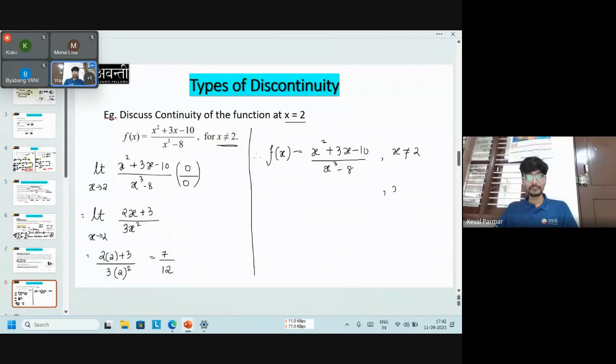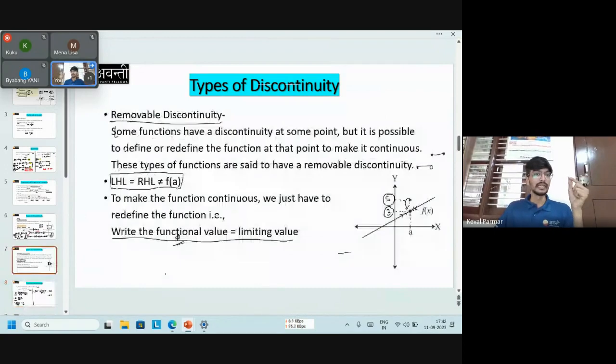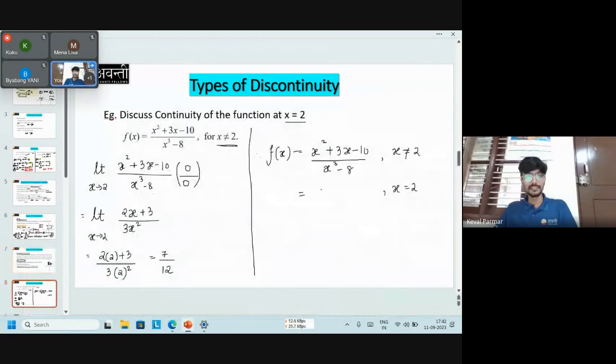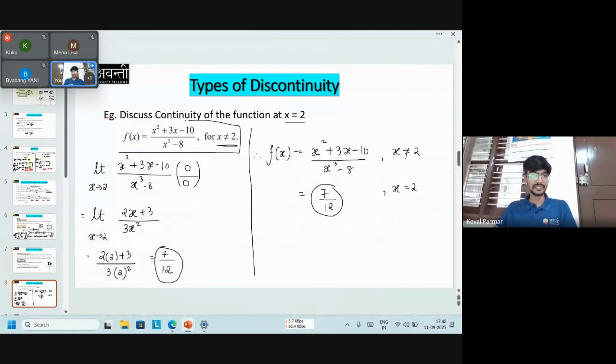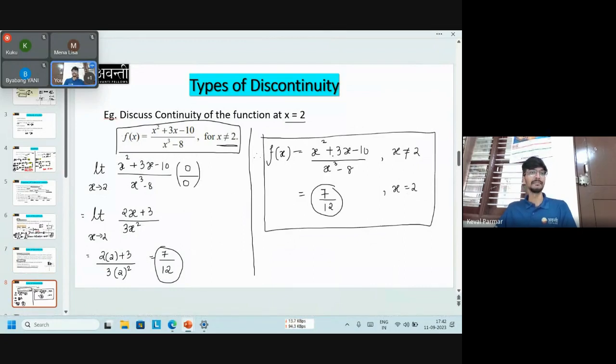And for x equals 2, which is the functional value, I will write the same limiting value. So at x equals 2, my value will be 7 upon 12. Now the limiting value and the functional value are both the same. That means I have made the function continuous by redefining it. The original function was given this, but I redefined the function as this. Now the function is continuous.